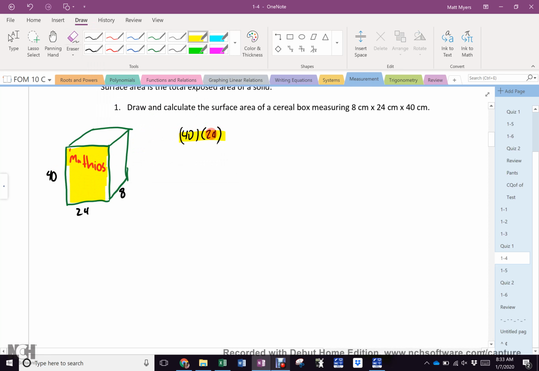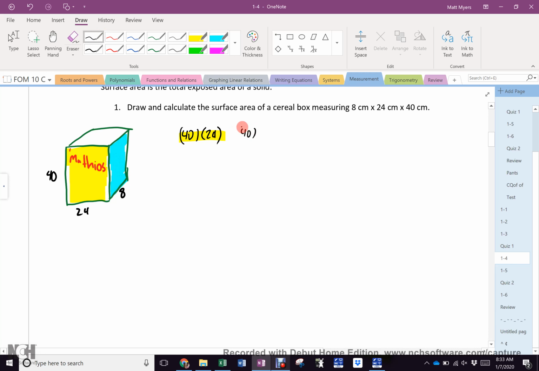Agreed? Okay. Where's another rectangle? Pardon? It froze. But you can still tell me where another rectangle is. Right side. The right side. Everyone agree? And what would that area be? Sure, Addison, might as well. 40 times 8.